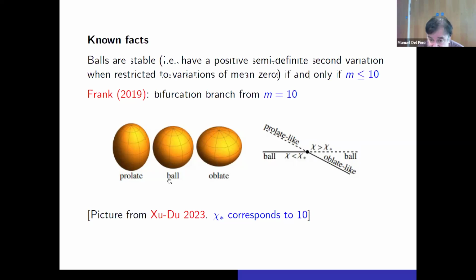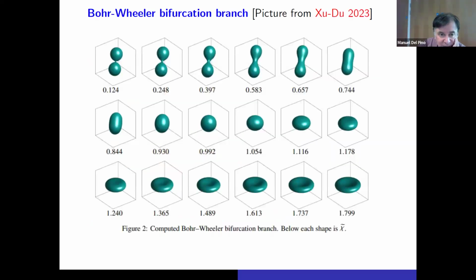Actually, this bifurcation analysis in a less rigorous way was already made by Bohr and Wheeler. But the rigorous construction of non-trivial solutions with this form around the bifurcation value is the subject of the paper by Frank in 2019. This is the situation. These are other pictures obtained numerically.